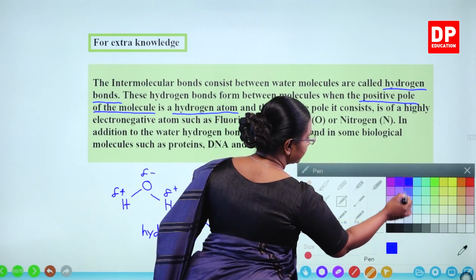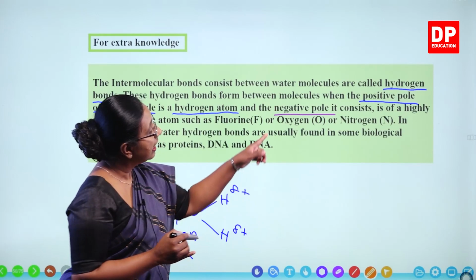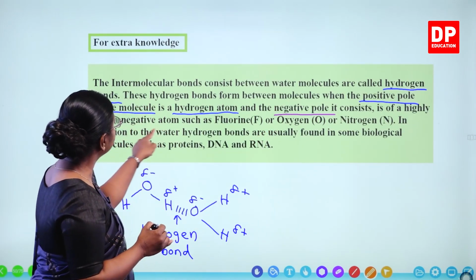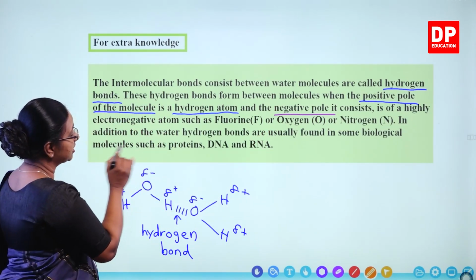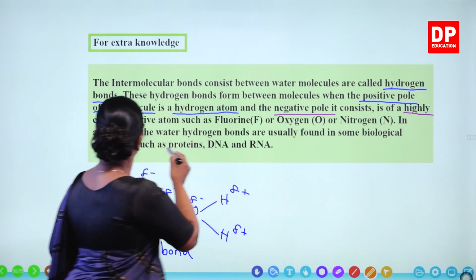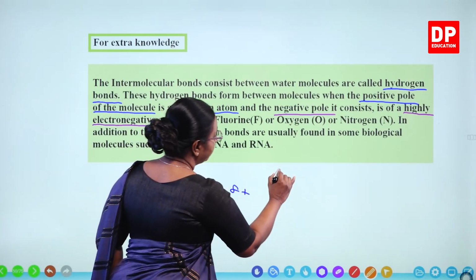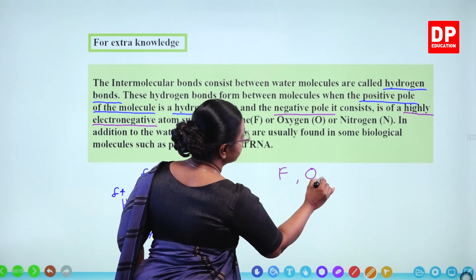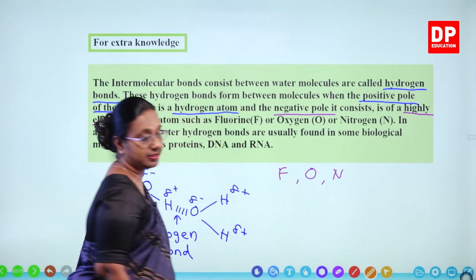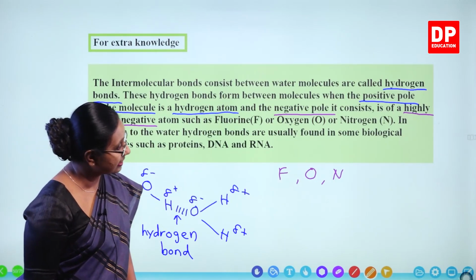Here you can see, students, the negative pole consists of a highly electronegative atom such as fluorine. So note this term, highly electronegative atom such as fluorine, oxygen or nitrogen. So fluorine, oxygen or nitrogen.